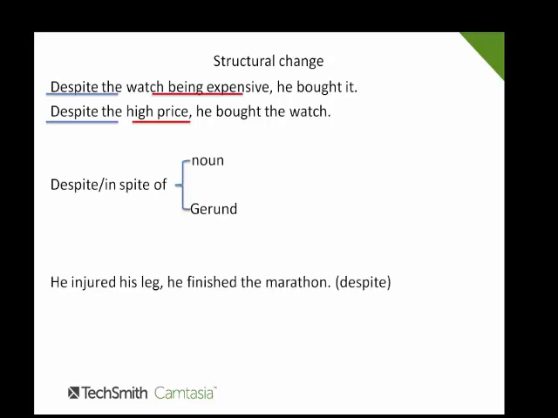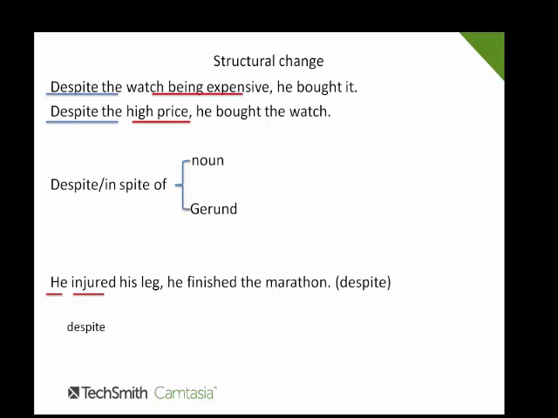Now let's have a look at this example. We have he injured his leg, he finished the marathon. So we want to combine these two sentences using despite. So it's the same as we have done with along with. The first thing that we start with is highlighting the subject, then the verb. Then we write despite. Now he is a subject pronoun.